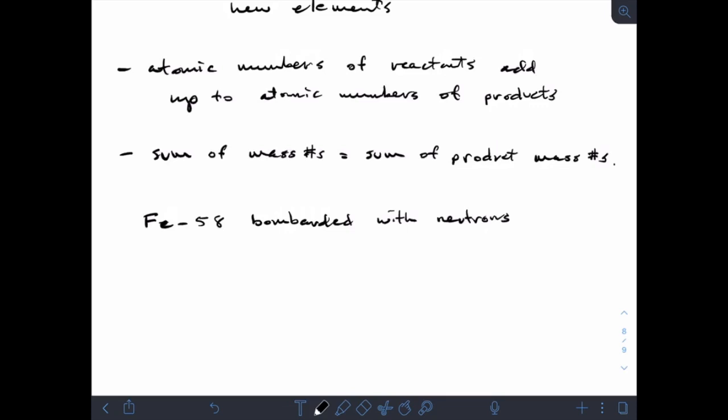I still never figure out how I start writing a 5 and it ends up as an oval. So 58, 26. Start out with some iron, and I'm going to smash into it with some neutrons. My result will be a new isotope of iron.